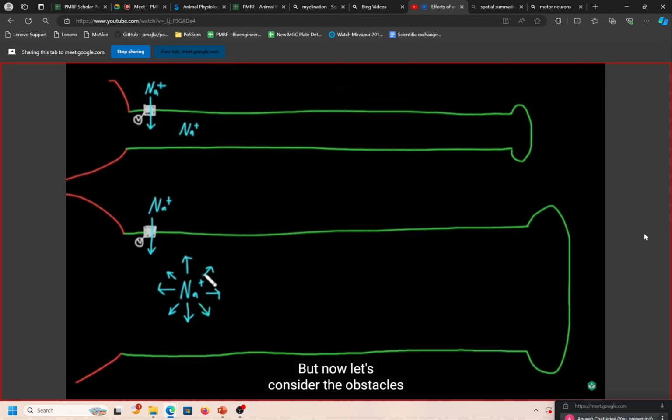But now let's consider the obstacles to this sodium ion moving down the axon. First, there's the membrane of the axon, and then there are all sorts of structures in the cytoplasm of the axon, such as vesicles or large proteins, and then there are filaments and there are tubules, and there are all sorts of structures in the cytoplasm that would pose an obstacle to the movement of this sodium ion.